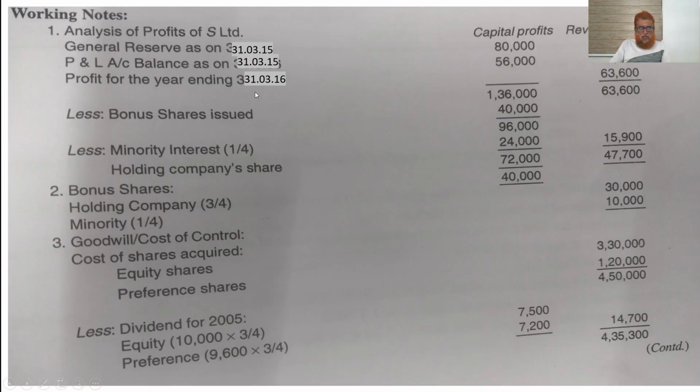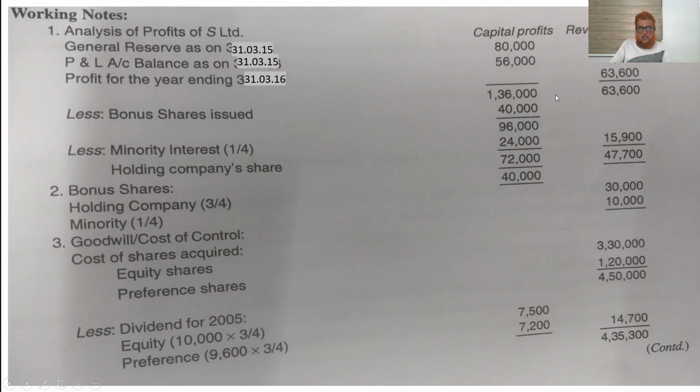Then profit for the current year, that is year ending 31/3/2016, that is current year profit. The date before the current year beginning is pre-acquisition. So the full current year is post-acquisition. So current year profit is post-acquisition revenue profit.